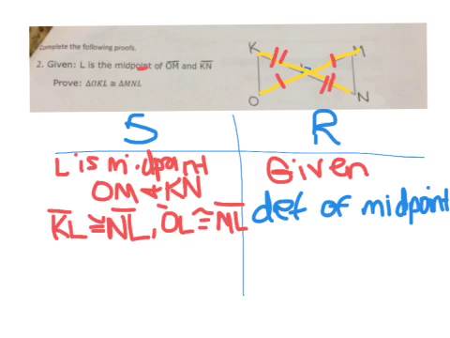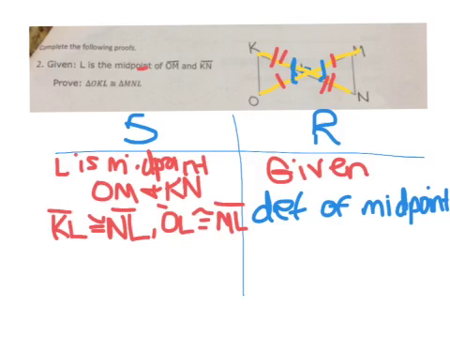Now, that's all we have from our given, so now we got to look into our pictures. So look carefully. Hopefully you notice, right there, we have vertical angles, and we know vertical angles are congruent. Now you can't just say angle L right there. You actually have to name it using the 3 letters.